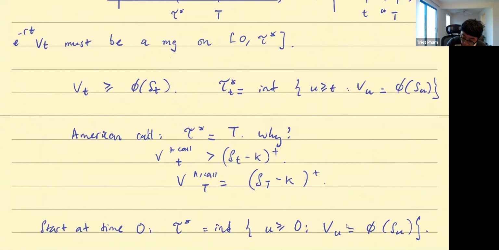By the way, look at this in the American call option. In the American call option, you see, the option price is always bigger than the exercise value. At the optimal exercise time, you see, this is the first time that this is equal to this, because right before that it is always bigger.